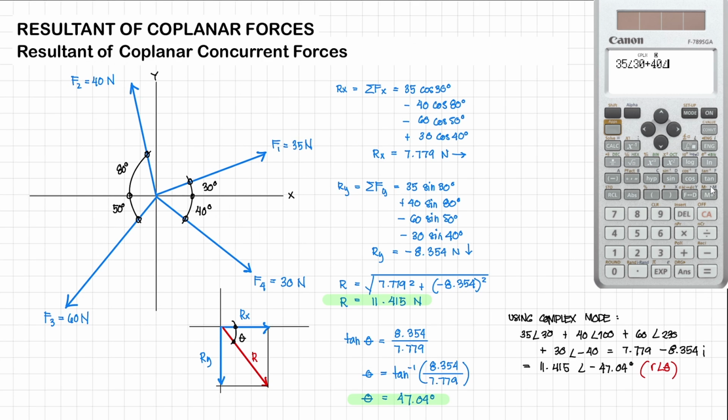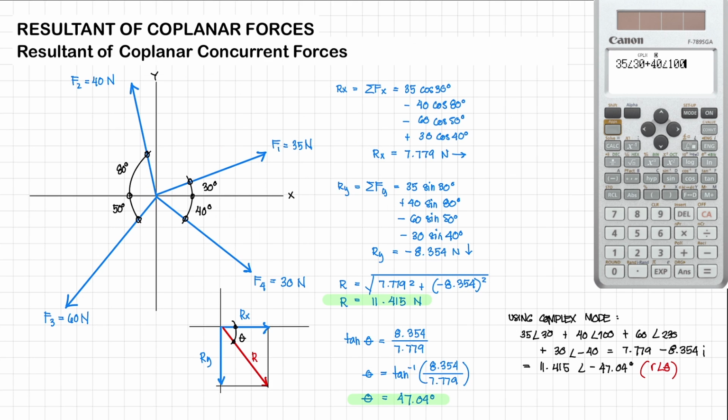We're going to measure the angle properly, starting on the positive x-axis. So that's 180 minus 80, and this is equal to 100. So we're going to use 100 here.